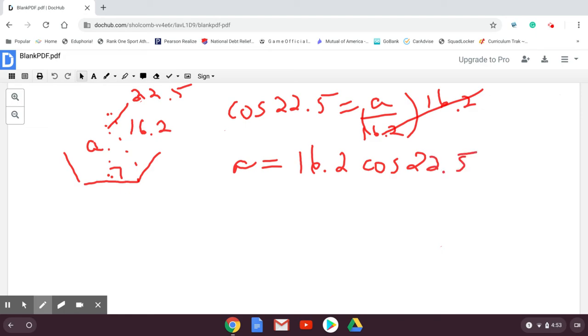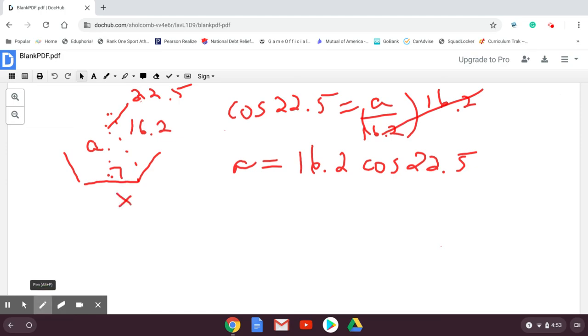Well, let's plug in my area calculation. And we're going to realize that we're missing something, because I need 1/2 my perimeter times my apothem, which is the 16.2 cosine of 22.5. So I've got an extra step. Here's what I would do. I would label this down here an x and find that x.